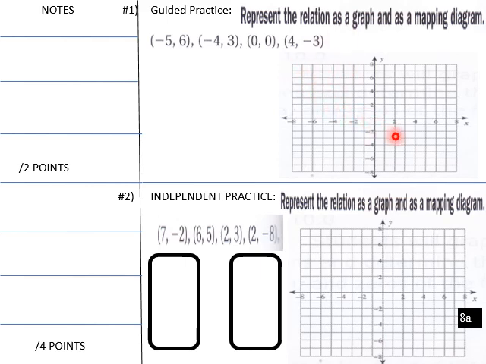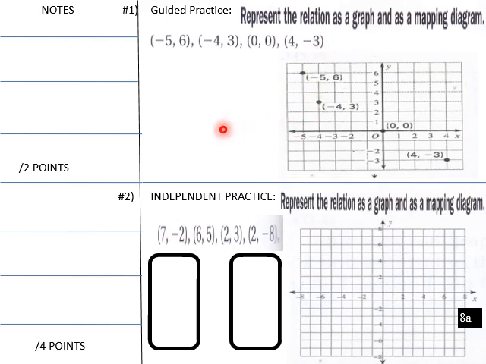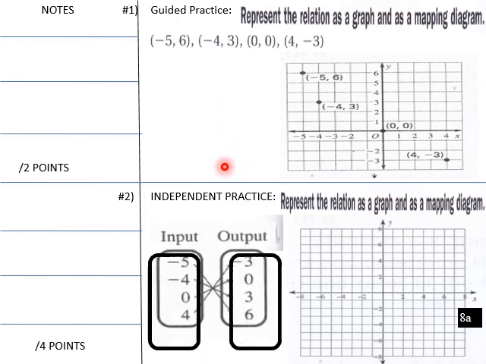Here are your plots on your graph; it's not really a line. And then a mapping diagram: -5, 6, -4, 3, 0, 0, then 4, -3. Here's your input and output, and that's your mapping diagram.